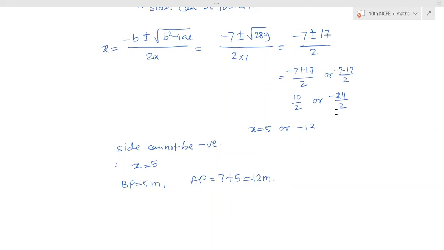Then in the exercise, second, sixth, eighth and ninth. How many are there in your book, including level 2? Nine are there. The same, okay. So second, 6, 8 and 9.